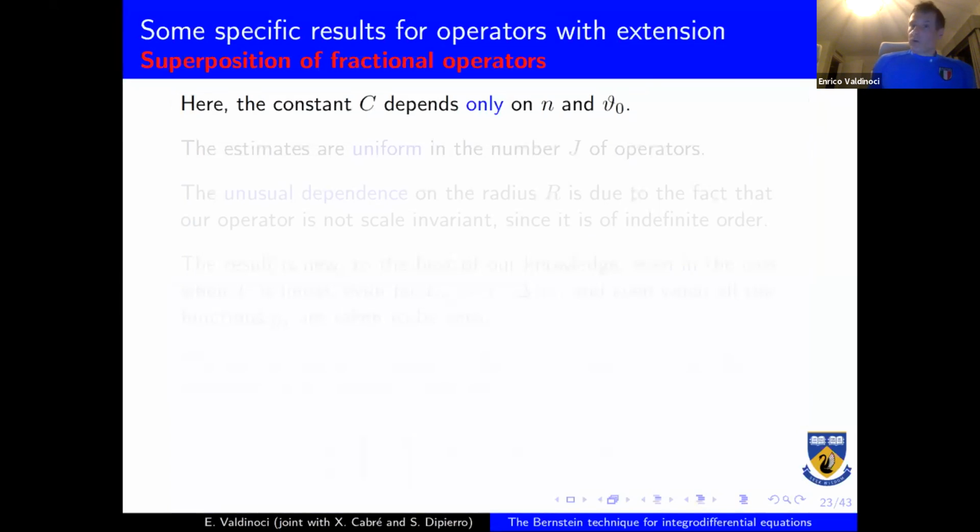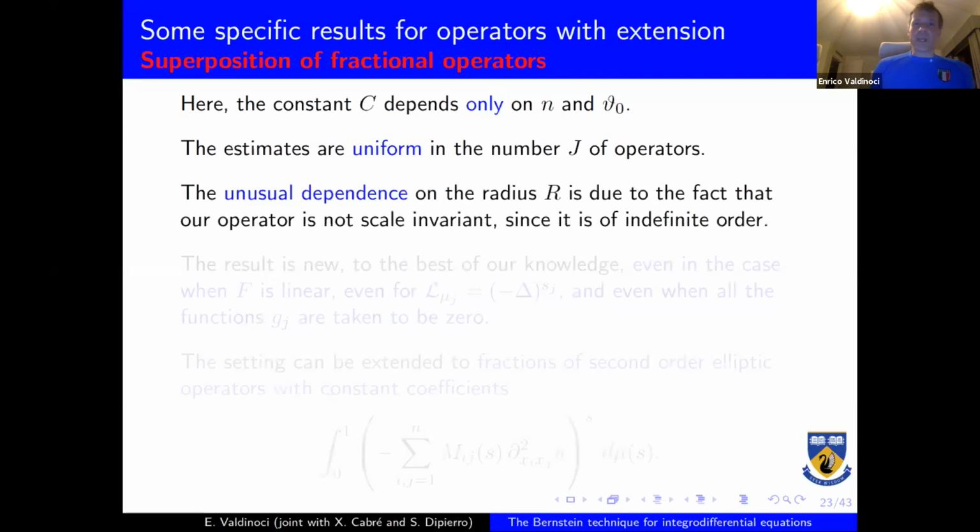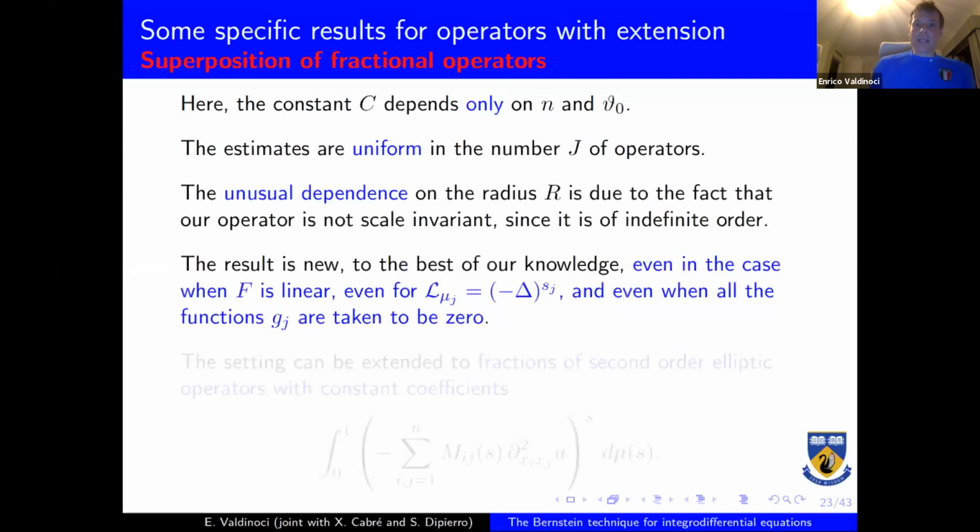Okay, so as I was saying, in all these situations in which the operator comes from the fractional Laplacian or from an operator which has an extension, the constants are uniform in S, are actually uniform in the number of the operators, and I'm giving the result in broad generality, but I would say that all these estimates are new, even in much simpler cases.